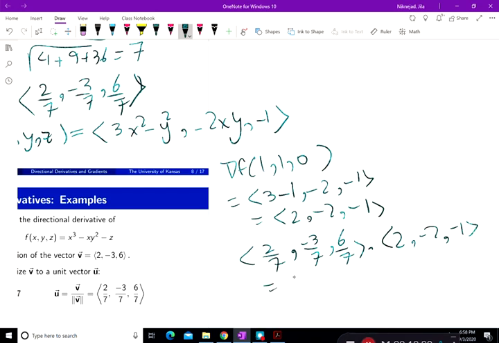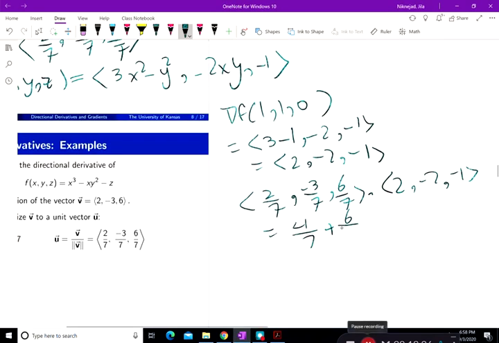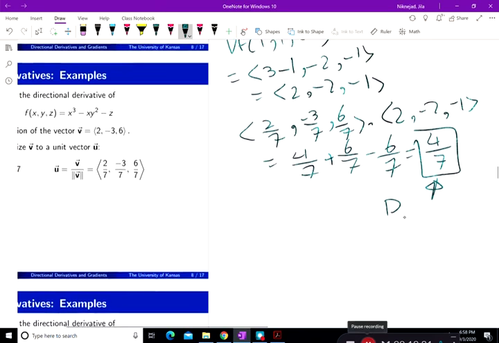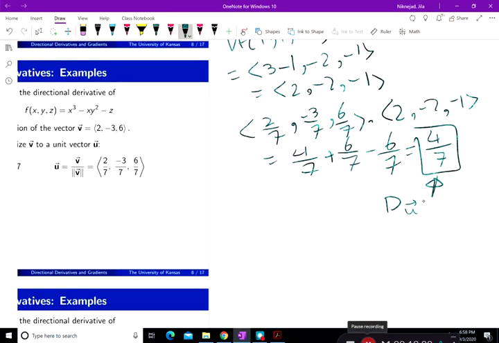It would be 4 over 7 plus 6 over 7 minus 6 over 7, which is equal to 4 over 7. And that is the directional derivative in direction u at (1, 1, 0).